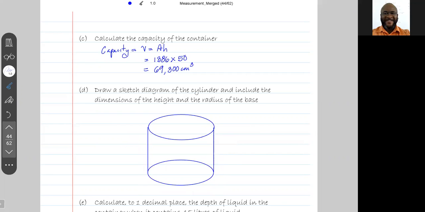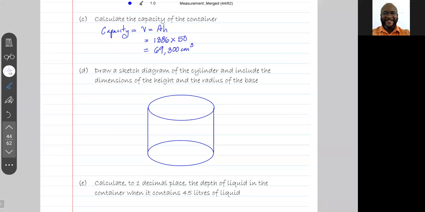All right, so I drew my cylinder. This cylinder is formed when I join A to B. So we have A here, B here, and D here, and C here. A and B, D and C, you join them together.